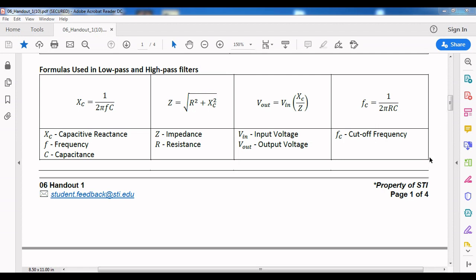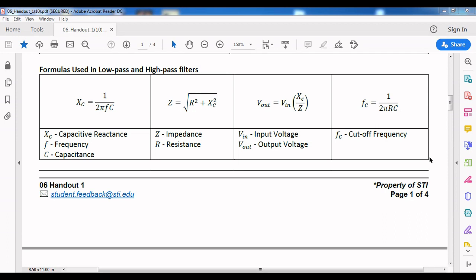So one of the most important things that we need to look into, kasi one of the defining characteristics of a filter is its cutoff frequency. The cutoff frequency dictates which sets of frequencies are allowed to go to the output and which are blocked.